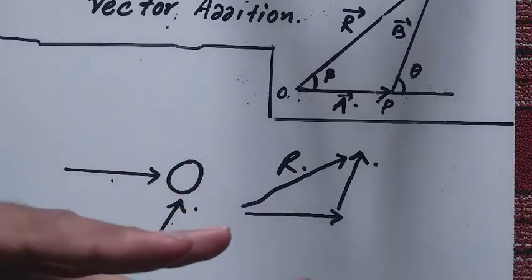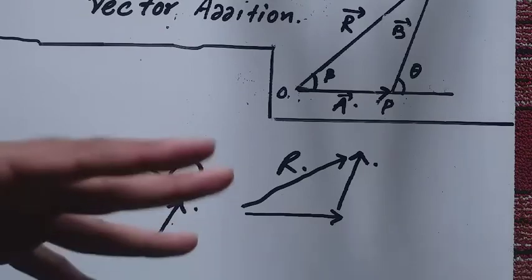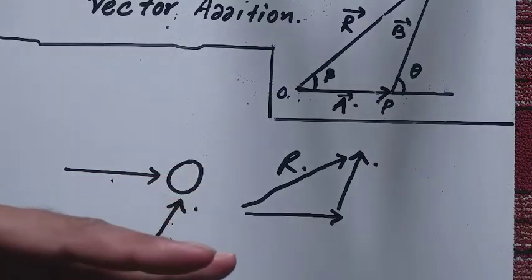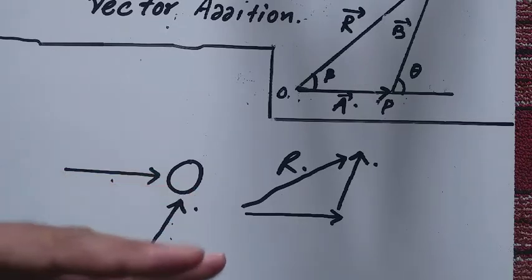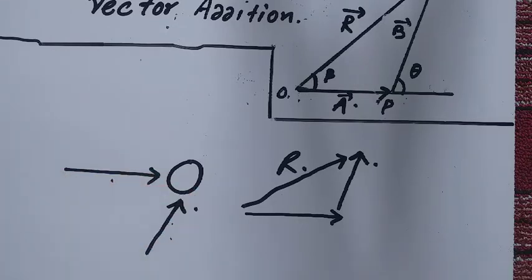In today's lecture we are going to find this R. What is the expression of this R? How can we find the expression of this R, and then we can easily find the numerical values.